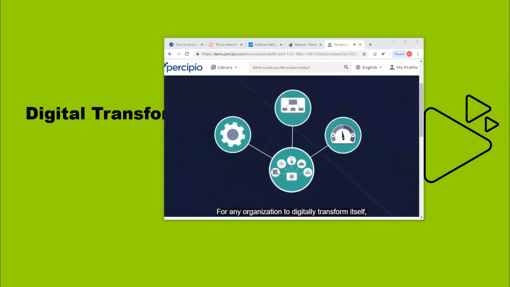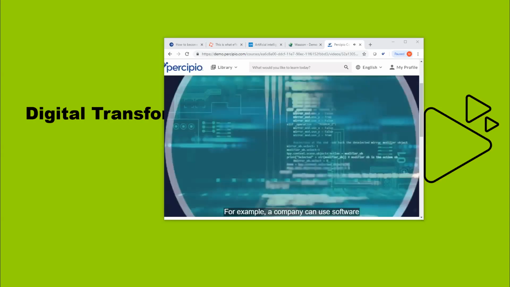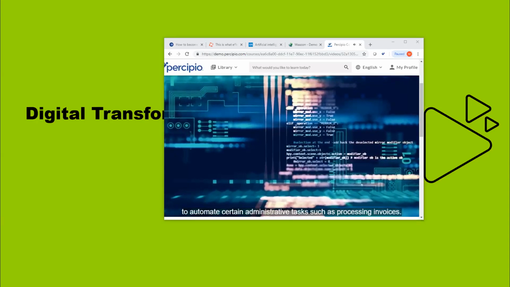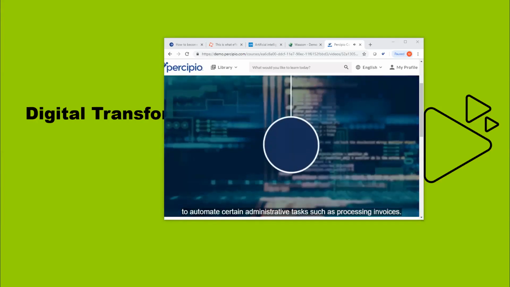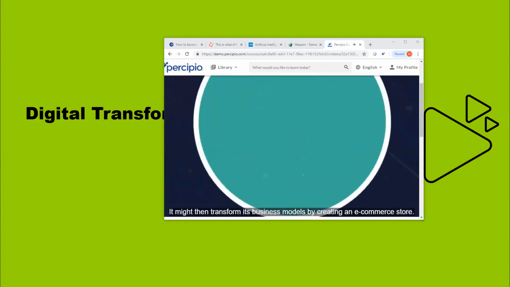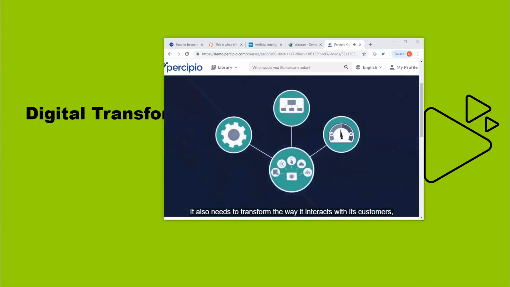For any organization to digitally transform itself, it needs to transform its operational processes. For example, a company can use software to automate certain administrative tasks, such as processing invoices. It might then transform its business models by creating an e-commerce store.